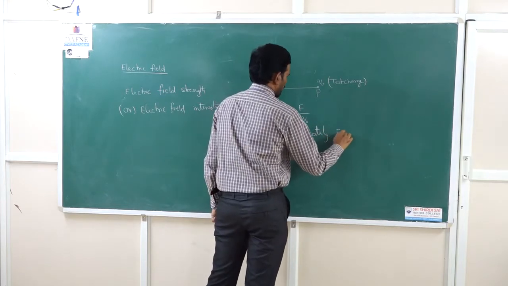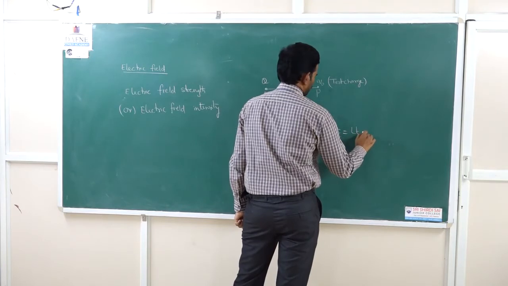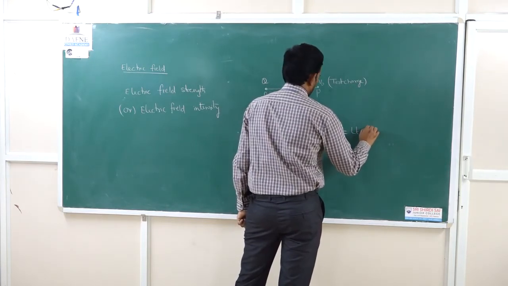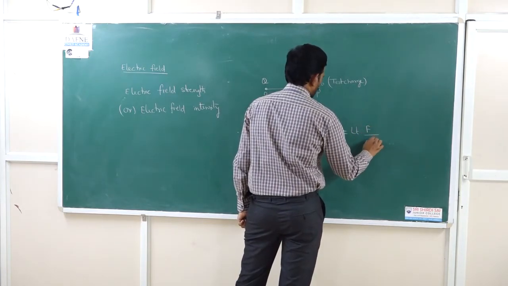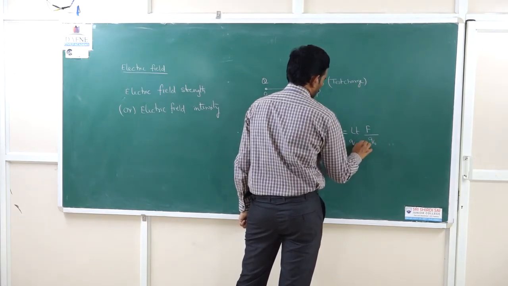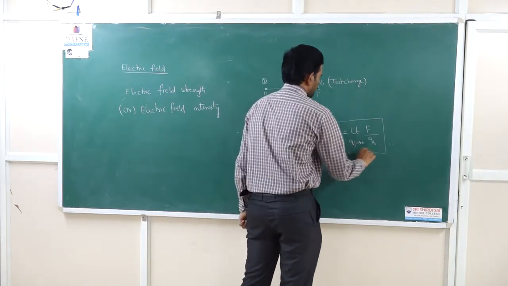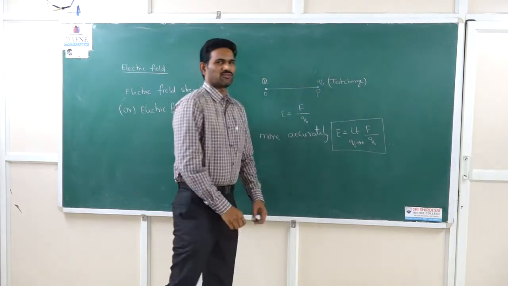So more accurately this electric field can be expressed as the limit of F by Q naught, where this Q naught tends to 0. So that is the actual meaning of this expression for the electric field here.